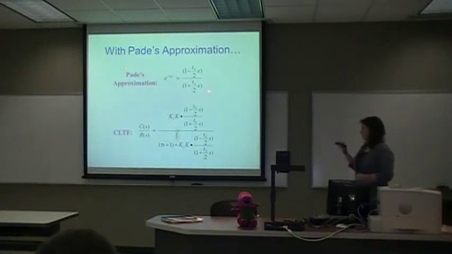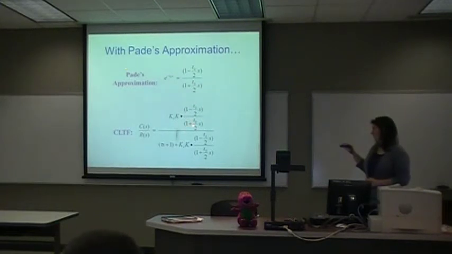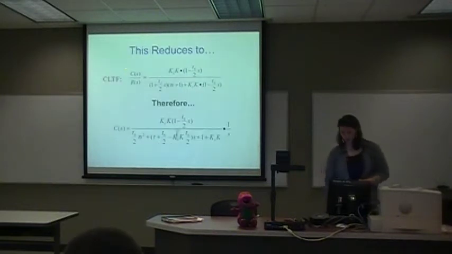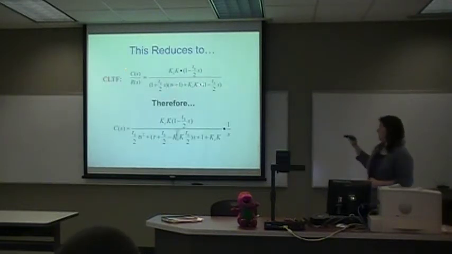To get into a polynomial, we use Padé's approximation here and put that in for e to the negative t naught s, in the denominator as well, and then we multiply by 1 plus t naught over 2 times s on top and bottom to get this function, still the CLTF.